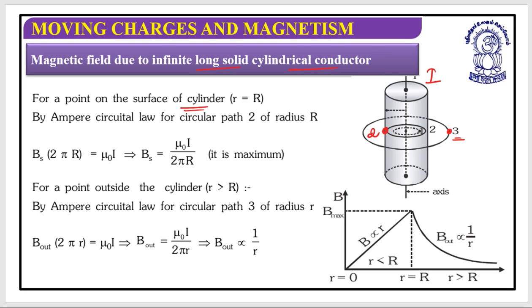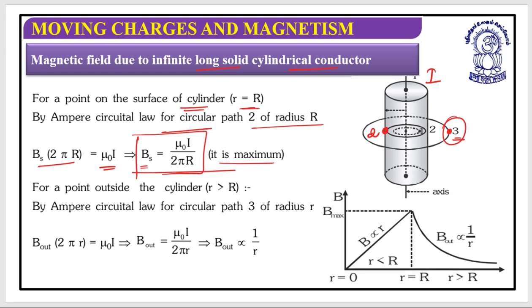For a point on the surface of the cylinder, by Ampere's circuital law for a circular path, B on the surface into 2 pi R equals mu naught times I enclosed, so B on the surface equals mu naught I by 2 pi R. It is the maximum possible.